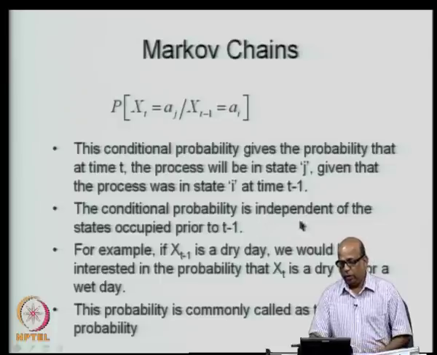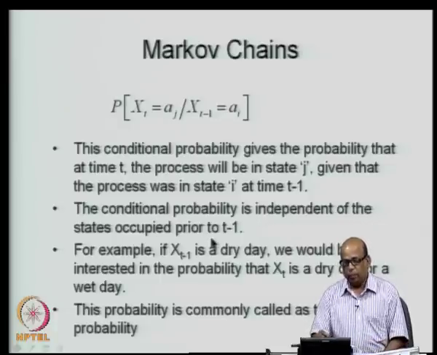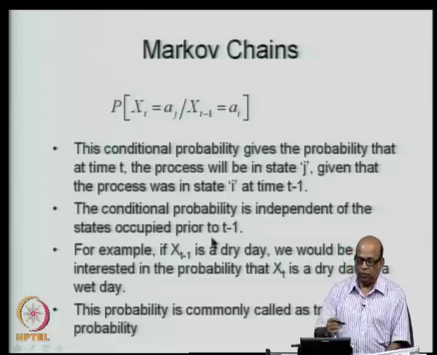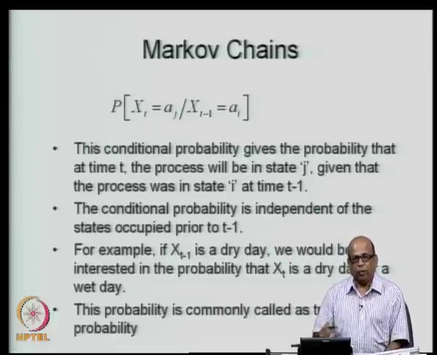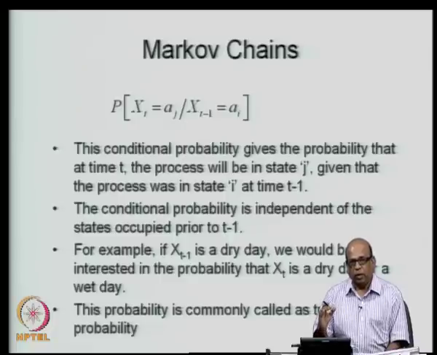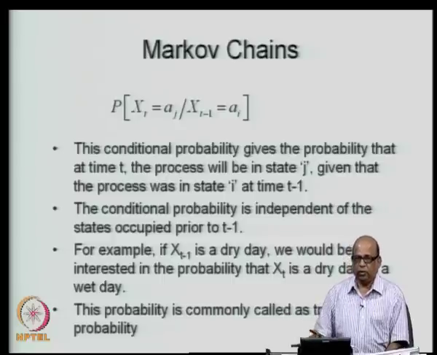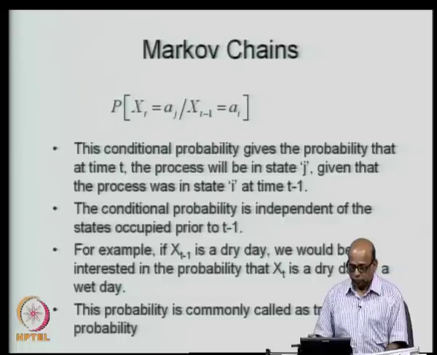The conditional probability is independent of the states occupied prior to t minus 1, and that is a requirement of the Markov chain. So, we are saying this is a single step Markov chain. So, we are saying that the probability that x t is equal to a j, or x t belonging to class j, depends only on the state that it occupied in time period t minus 1 and not on any other states that it occupied previous to t minus 1.